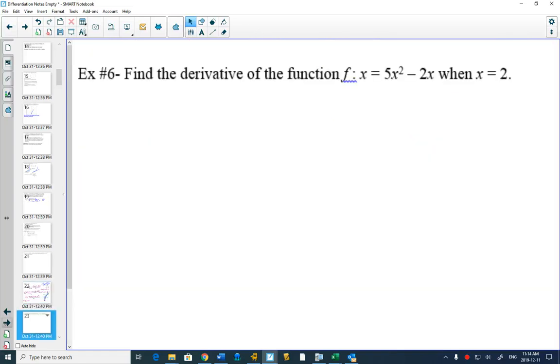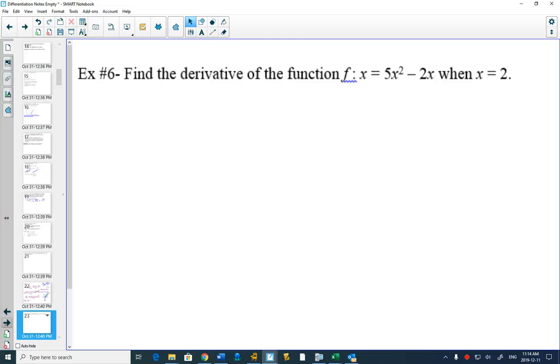Find the derivative of 5x squared minus 2x when x is equal to 2. In other words, if you drew 5x squared minus 2x, which is a parabola, and you took the point at 2 comma, in this case it would be 2 comma 16, and wanted to find the slope of that tangent line at that point, you would need to do the derivative.